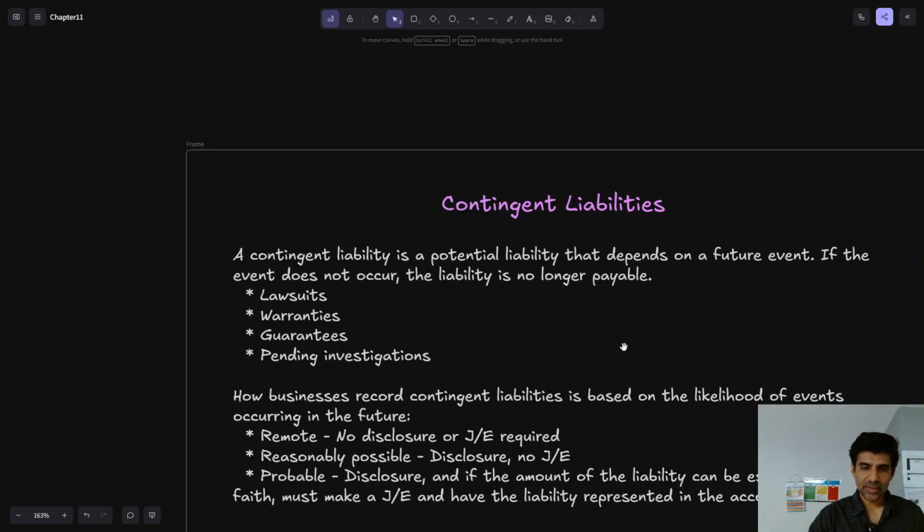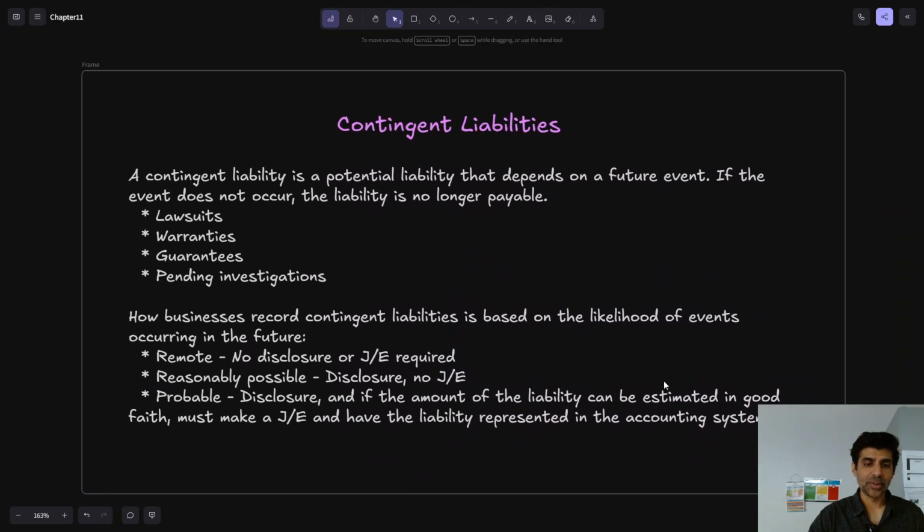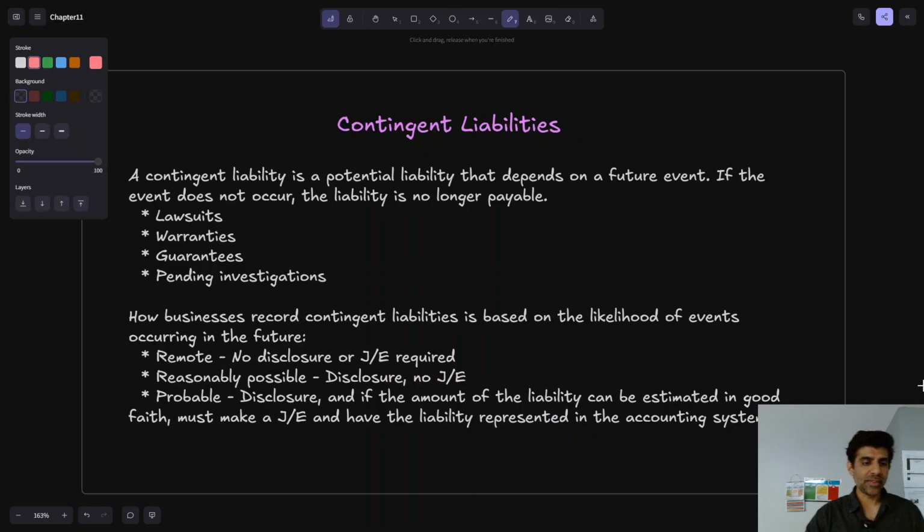Okay, so the next topic that is covered in the chapter is contingent liabilities. So this is a liability that's not actually there yet because it's based on the happening of some other event. A lawsuit is like the classic contingent liability where you're only going to owe someone money if you lose a lawsuit.